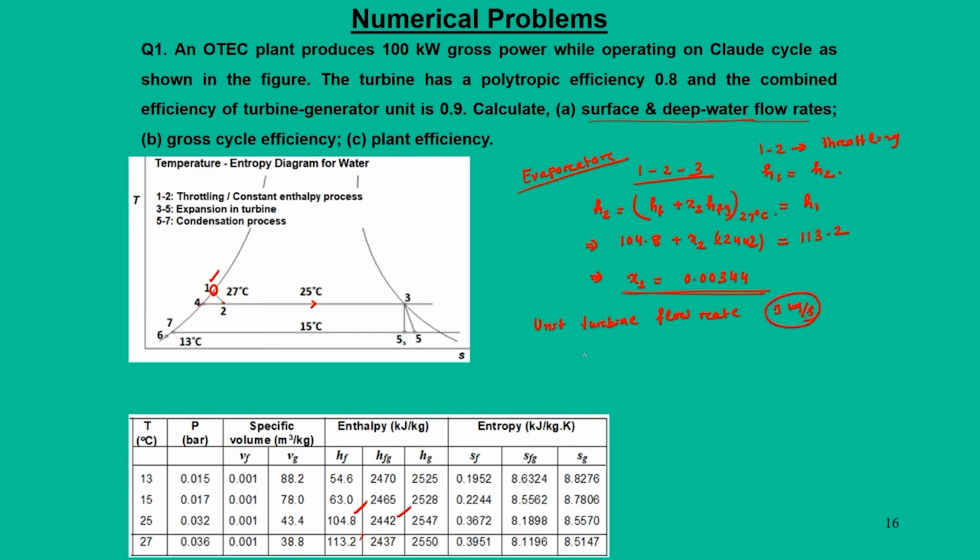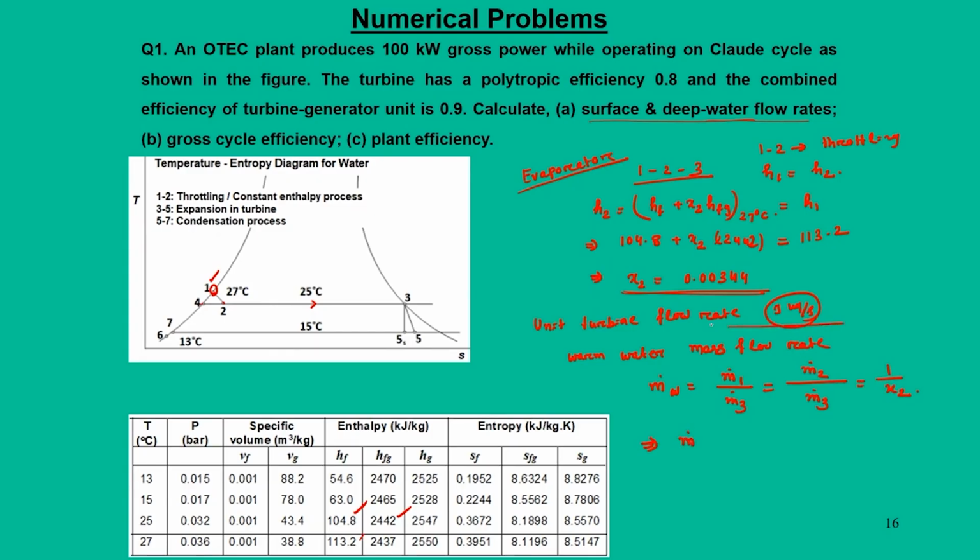The warm water mass flow rate would be m dot w equal to m1 by m3 dot, where m1 and m2 are the same, and this ratio becomes 1 by x2.